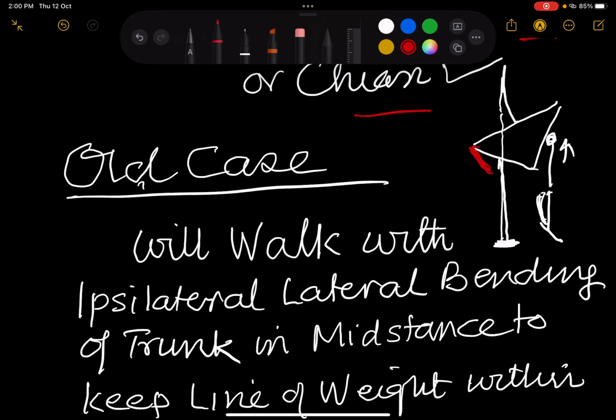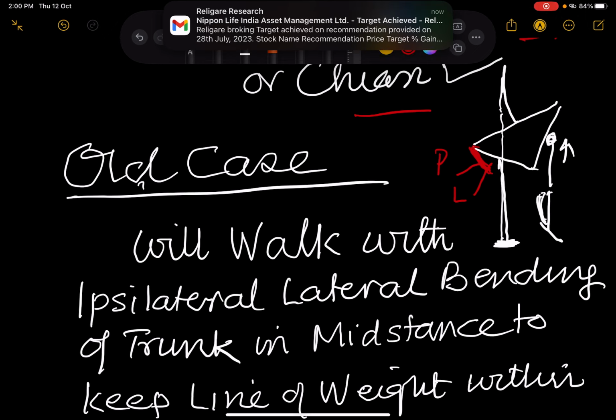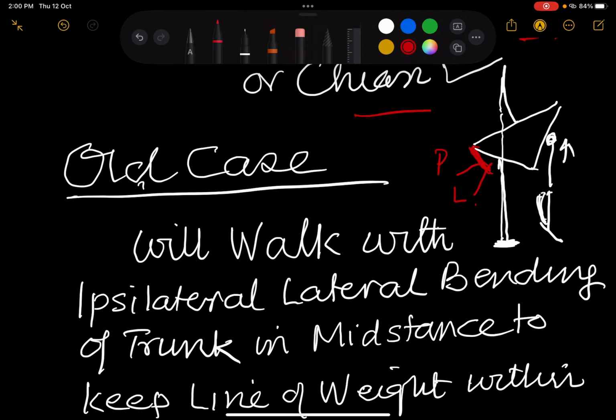Now supposing the gastrocnemius fails, that is the power fails, the lever arm fails, the neck fails, or the hip fails, that is the fulcrum fails, then this mechanism will not work, and this side of the pelvis will start going down.